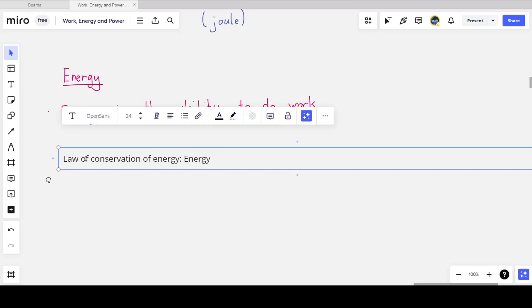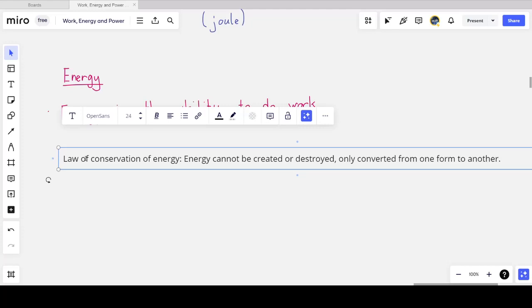Whenever you're in doubt, energy conservation principles usually help you solve very complex problems. So the law of conservation of energy says that energy cannot be created or destroyed. Again, this is something you most likely would have heard of before, but if you haven't, energy cannot be created or destroyed, but it can only be converted from one form to another.